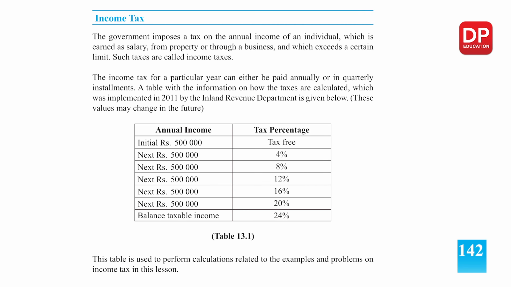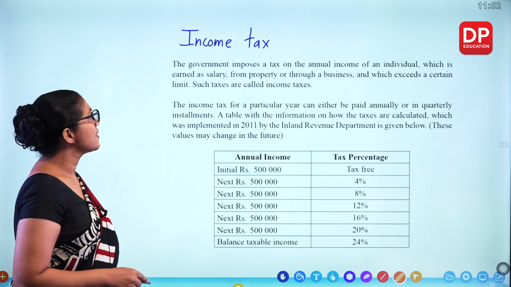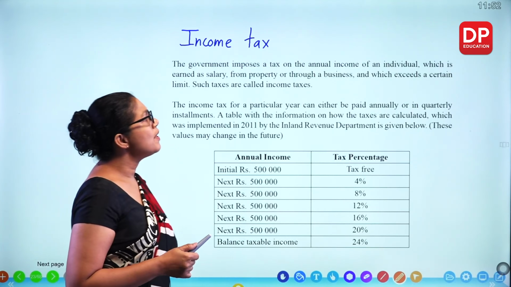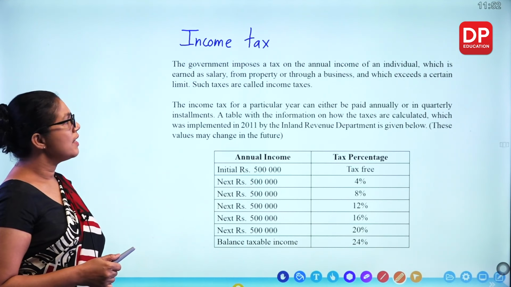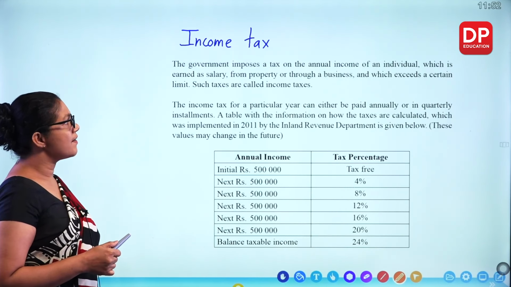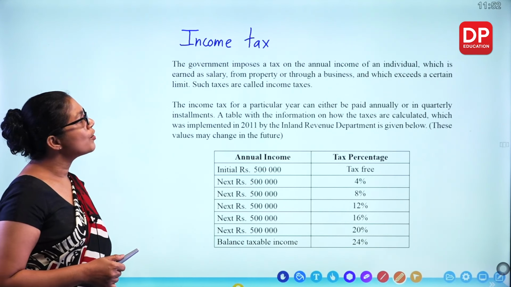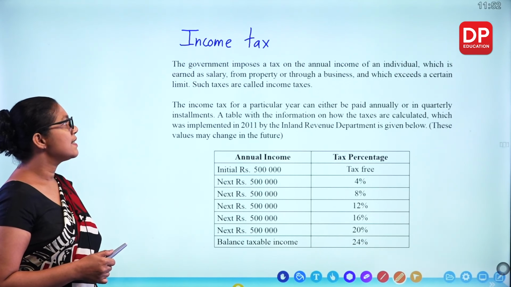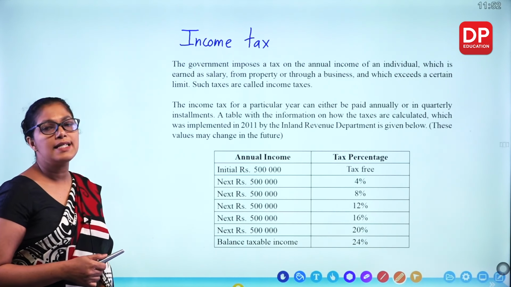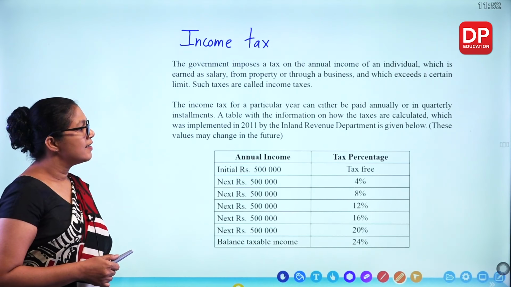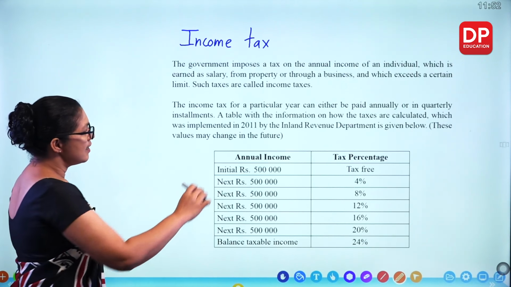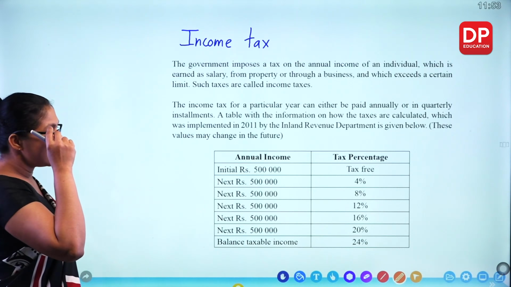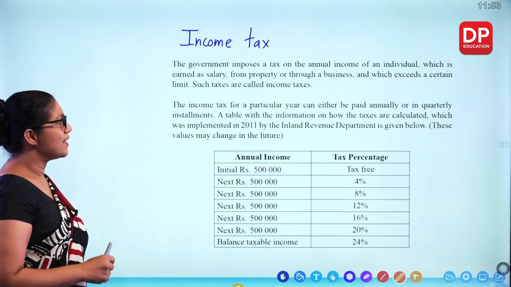Now we'll look at what income tax is. The government imposes a tax on the annual income of an individual, which is earned as salary, from property or through a business, and which exceeds a certain limit. Such taxes are called income tax. This is the annual report in 2011.